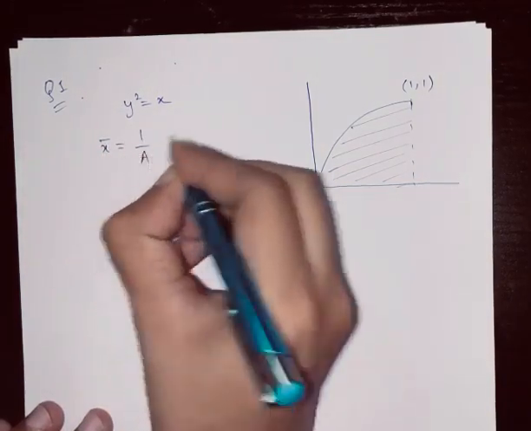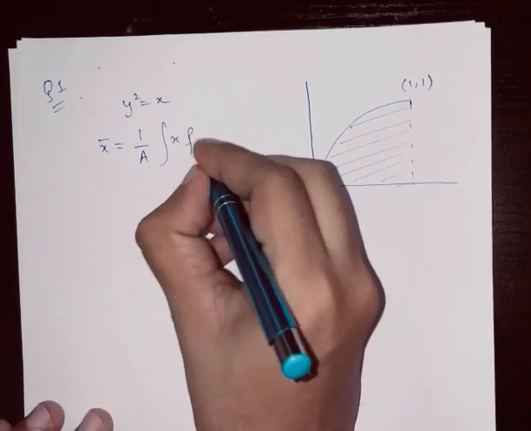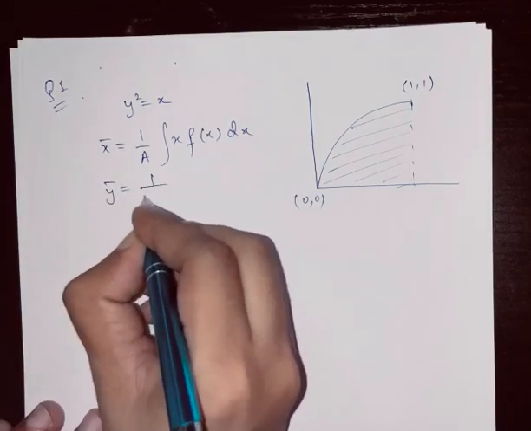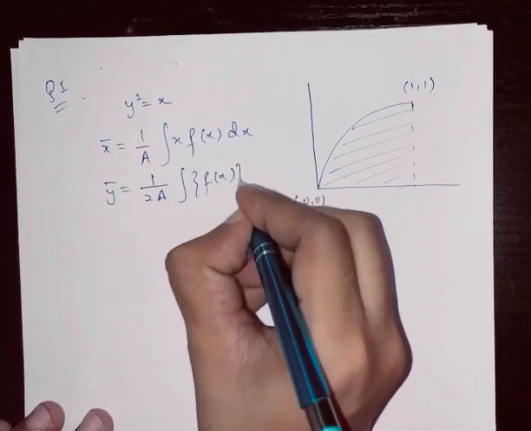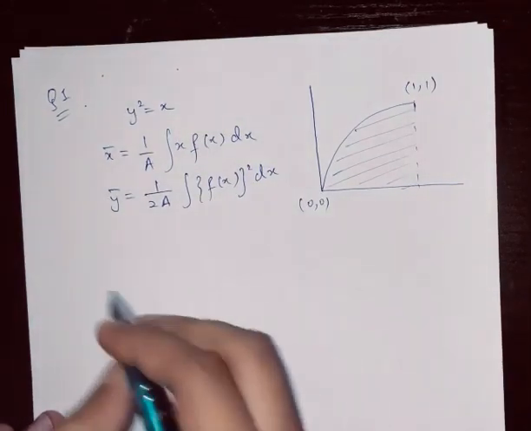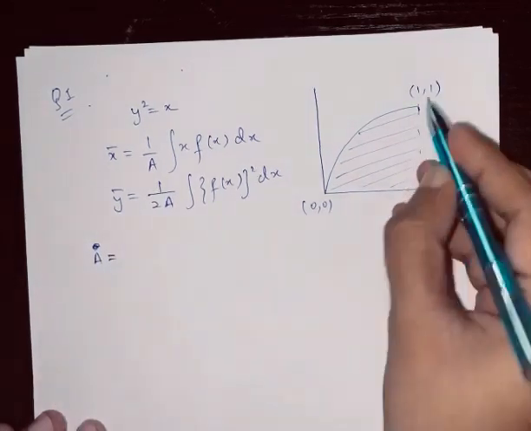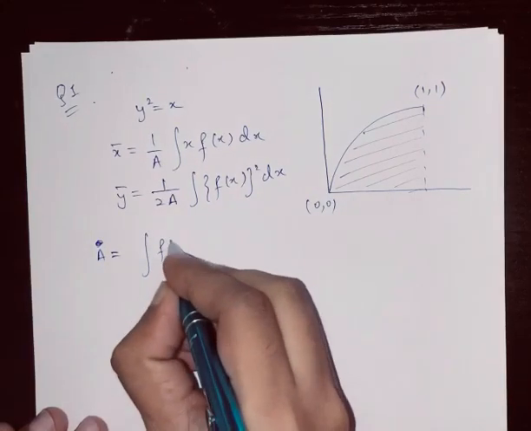The region is uniform, so the mass is uniformly distributed, and we will use those two old formulas, that is x bar equals 1 by A times the integral of x f(x) dx, and y bar will be, remember, the half and f(x) square dx. Our first task is to find the shaded area. This is not a big deal.